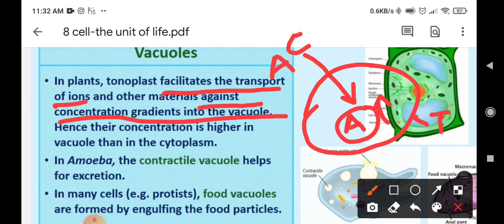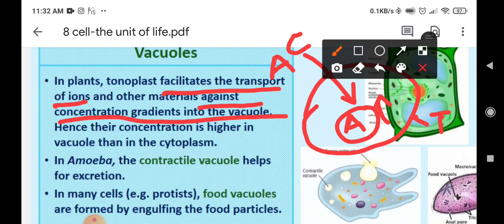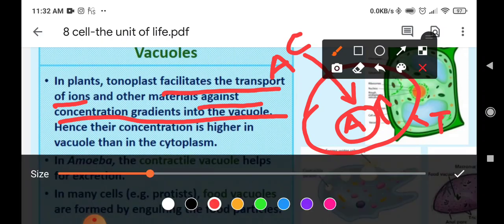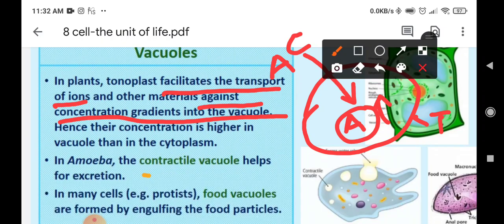Then when we talk about unicellular organisms, especially amoeba, you will see that vacuoles are found in them also, but these are known as contractile vacuoles, and their main function is excretion. And in some lower organisms, like protists, some vacuoles are present which are known as food vacuoles, and these food vacuoles engulf the food particles.